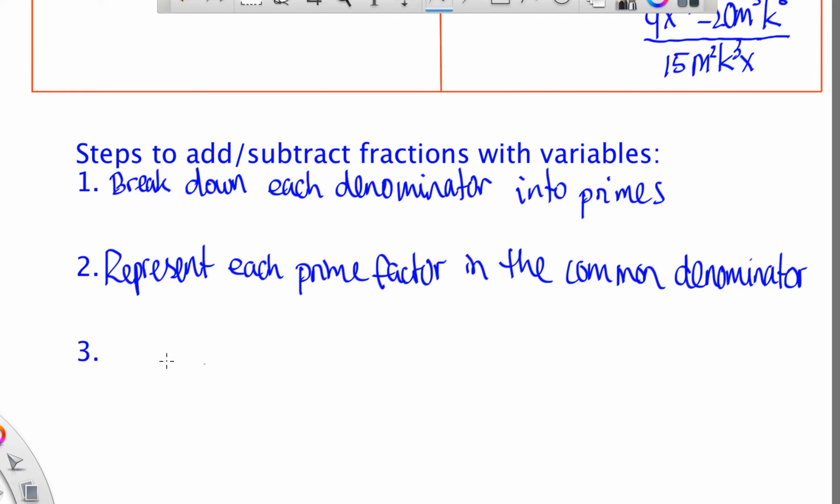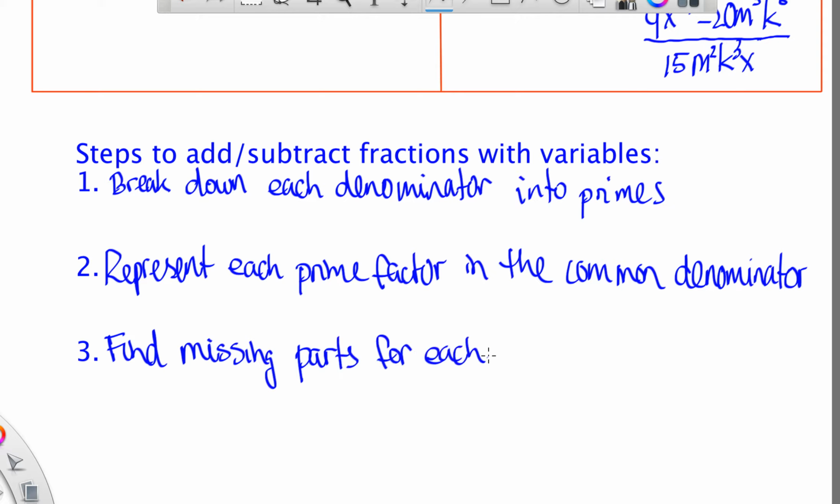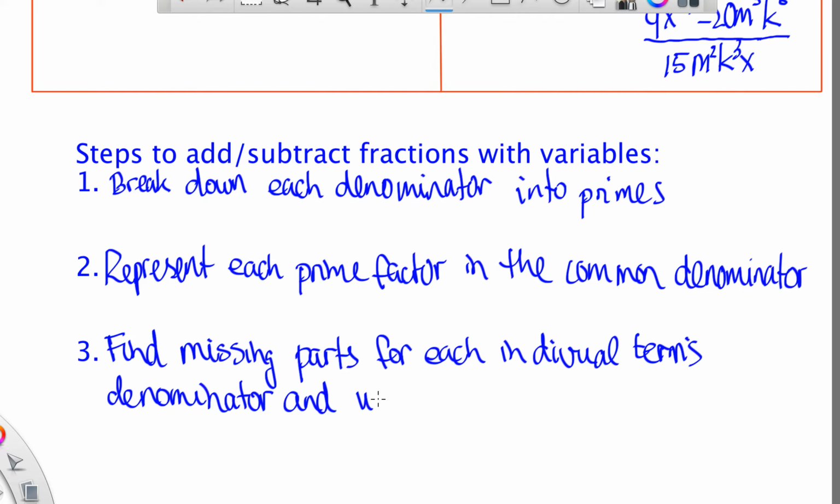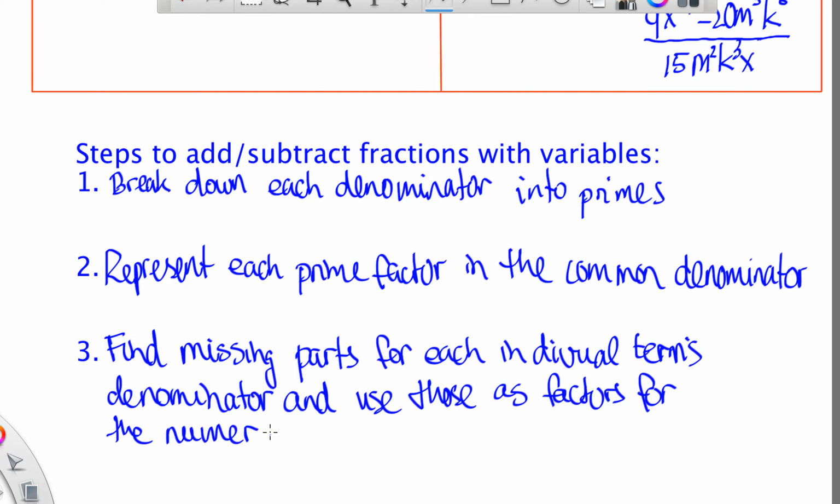And then after that we use the common denominator to find the missing parts for each individual term's denominator, and then we use those as factors for the numerator. Okay, so then that is the last step.